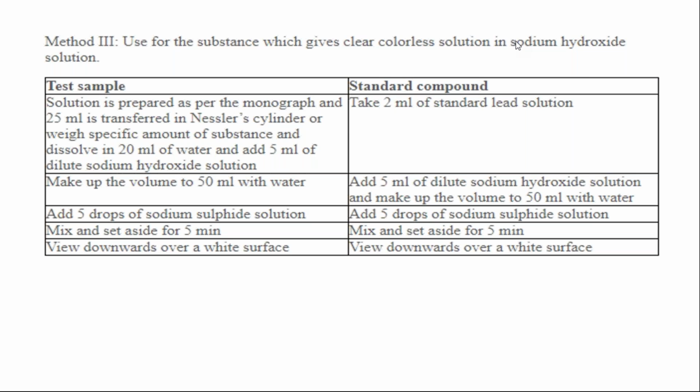After that, you mix and set aside for 5 minutes. The standard is the same way. You're going to take 2 ml of your standard lead solution, add 5 ml of dilute sodium hydroxide solution and make up the volume to 50 ml with water. To this again, you add 5 drops of sodium sulfide solution, mix and set aside for 5 minutes.